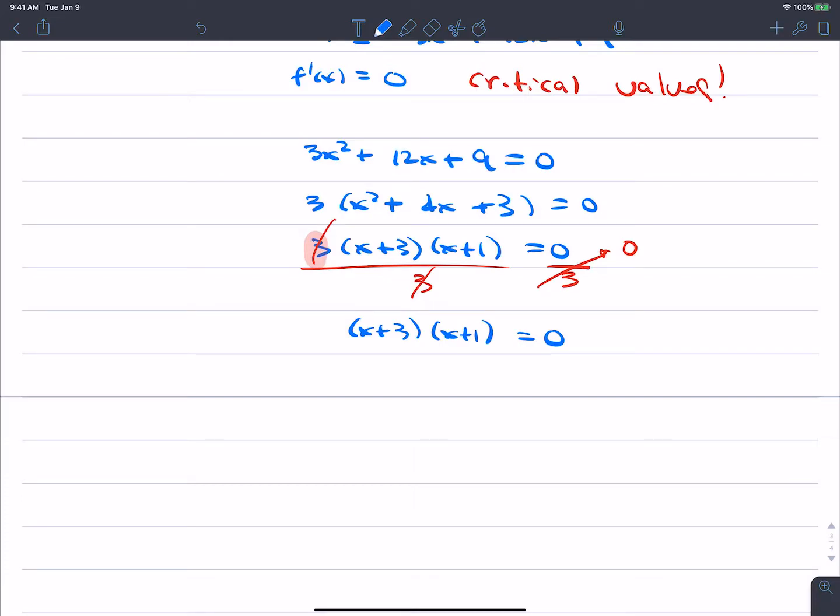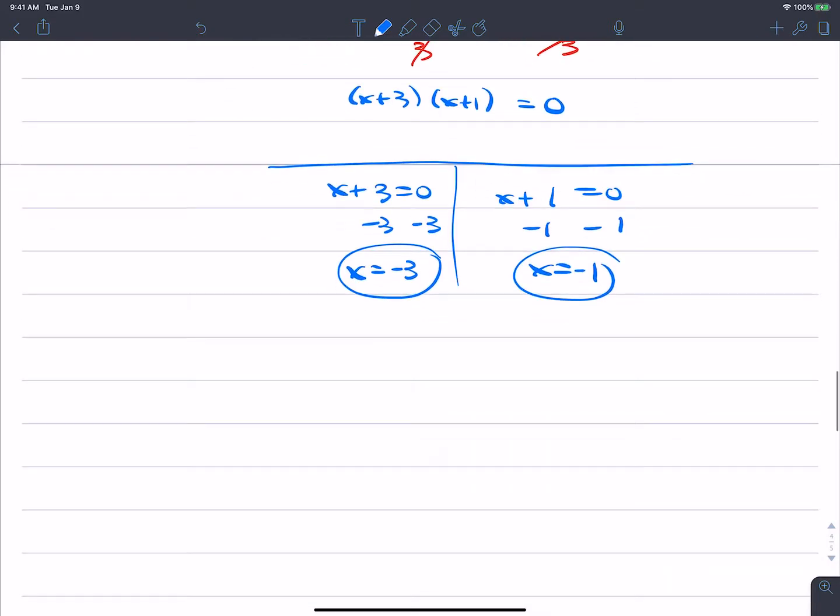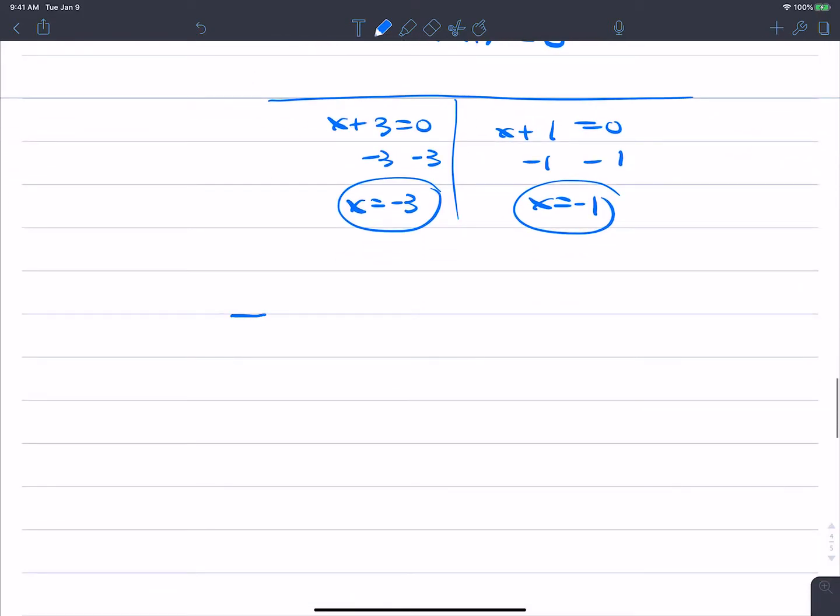So now, x plus 3 is 0, or x plus 1 is 0. Subtract your 3, subtract your 1. So we'll get x is negative 3, x is negative 1. So for sign analysis again, we found those critical values on the first derivative.